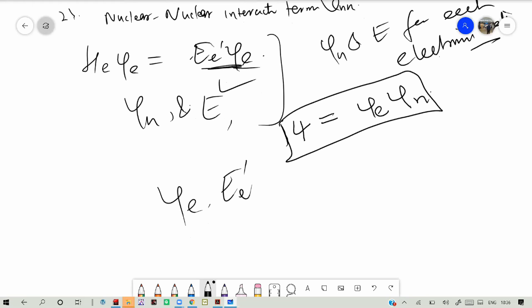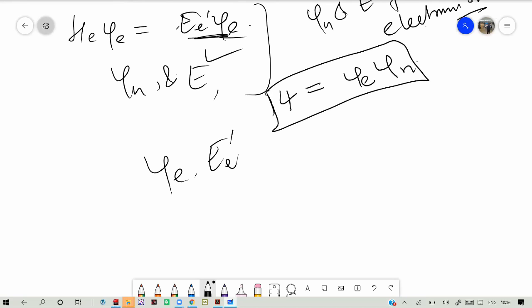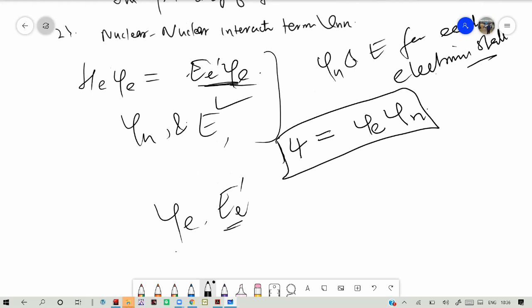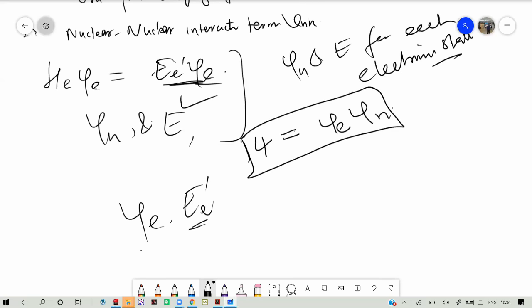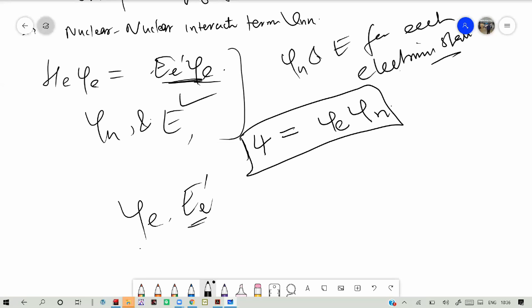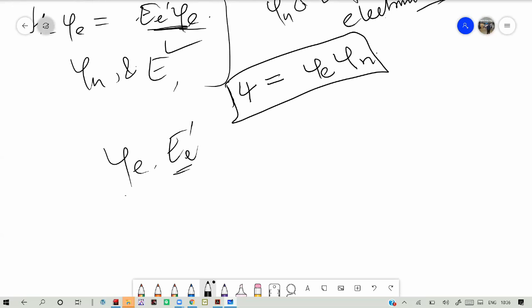So once we find psi E and E dash, then we use this E dash in the effective Hamiltonian here. When you solve this effective Hamiltonian using these values of psi E and E dash, you will find psi n and total E. This E is for the whole molecule.